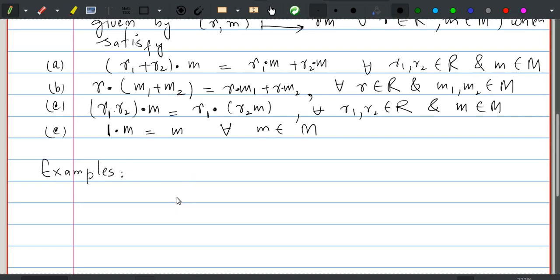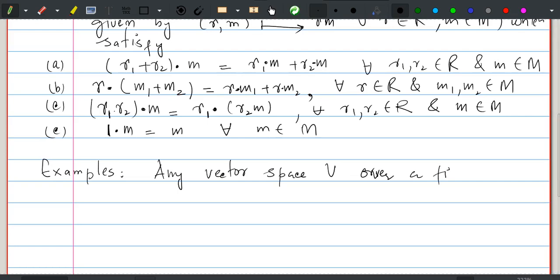Suppose we have a vector space V over a field K. Any vector space over a field K is a K module.